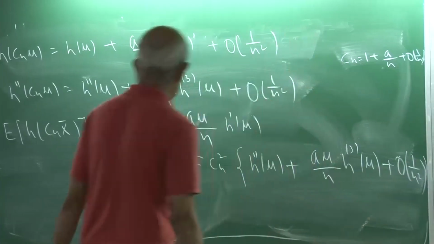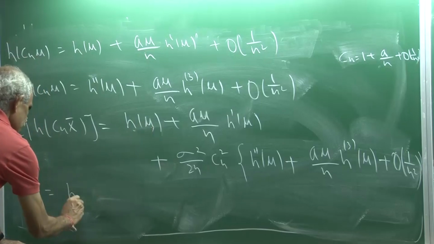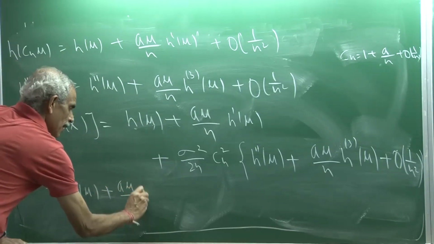Good. Now note that this is same as h mu remains as it is plus a mu upon n h prime mu.